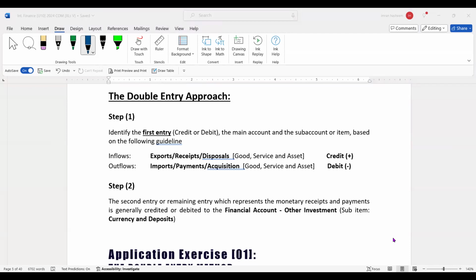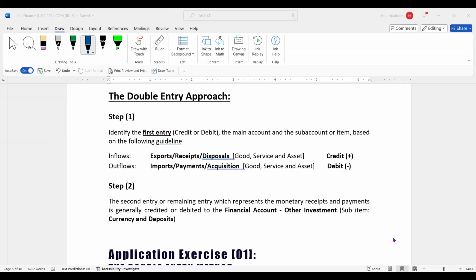The second entry could be the credit entry or the debit entry, but it always goes to the same place. Get it? So the first entry could be credit or debit. To figure it out, the basic guidance is simple.